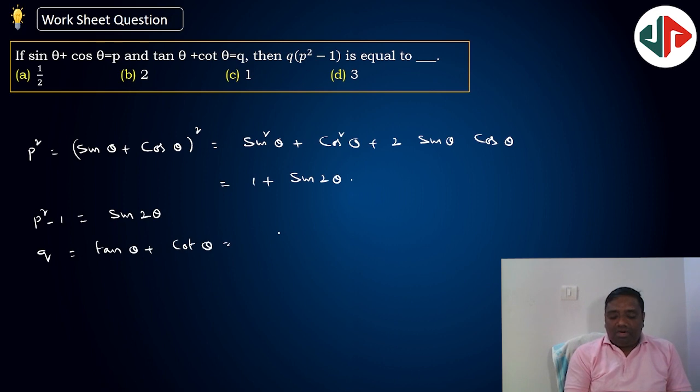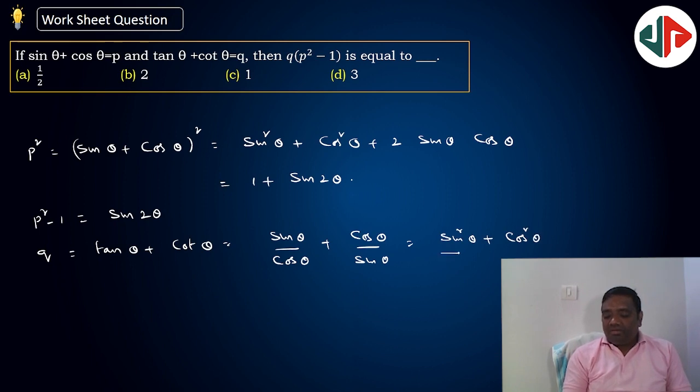Tan theta plus cot theta means sin theta by cos theta, and cot theta we can write as cos theta by sin theta. If you take LCM and simplify, what is the value? Sin square theta plus cos square theta by sin theta into cos theta.